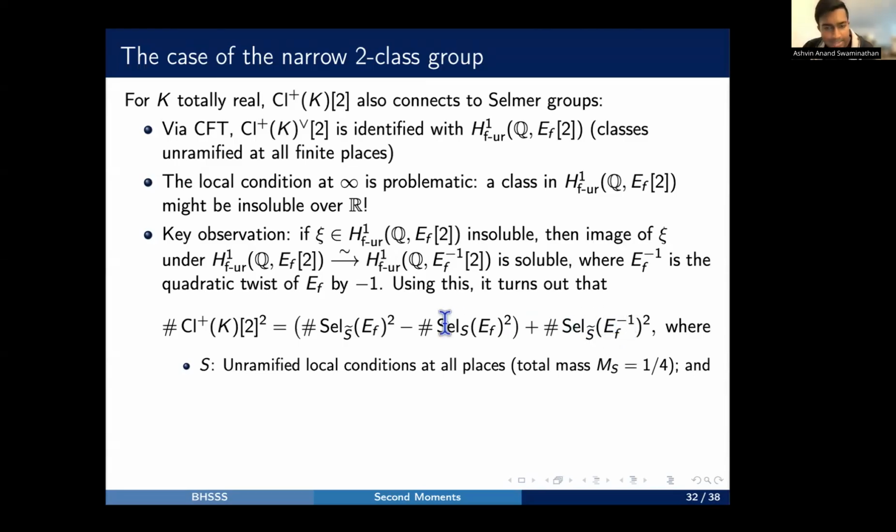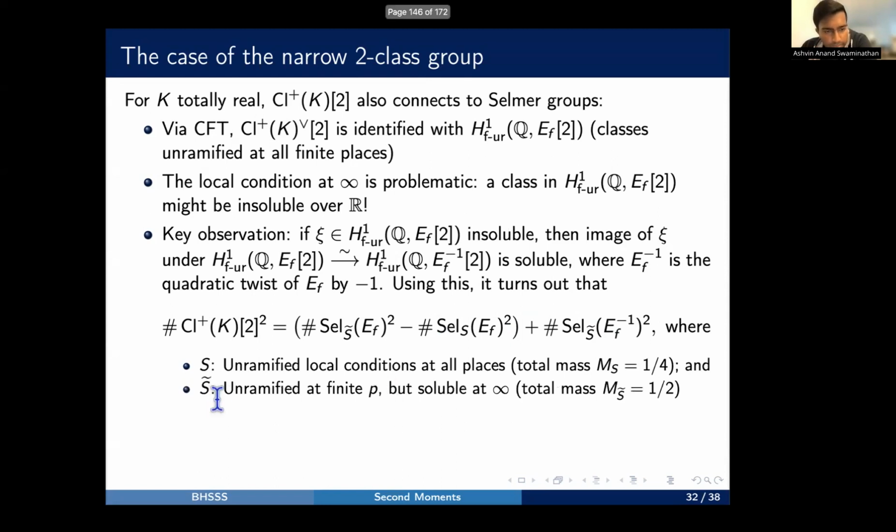Now, what are S and S tilde? So S is the unramified condition at all places. And S tilde is the condition that's unramified at all finite places, but soluble at the infinite place. Okay. So there was not one single subsoluble Selmer structure that captured the narrow class group, but by leveraging 2 different Selmer structures, we were able to capture it.